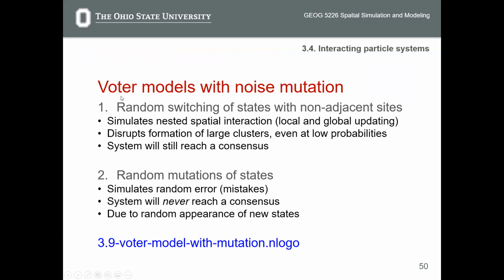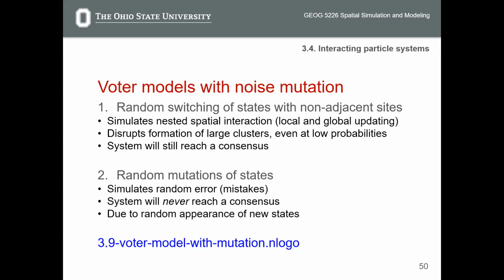And also we can add even more randomness into voter models. For example, random switching of states with non-adjacent sites. At a specific time, you choose a cell randomly and choose another cell randomly away from the first cell you just chose, with a random direction and a random distance, and you simply switch the states of them.